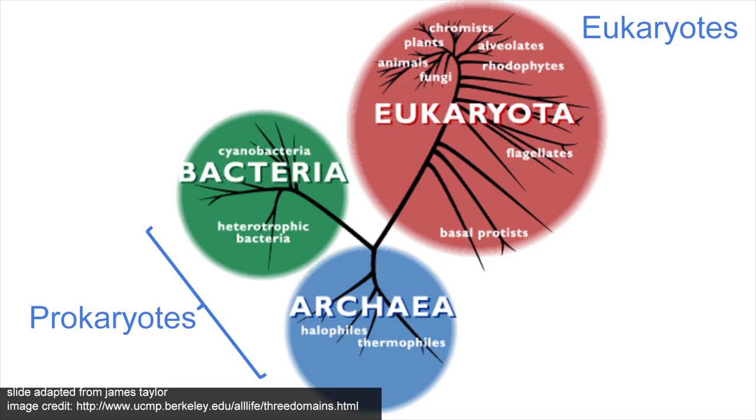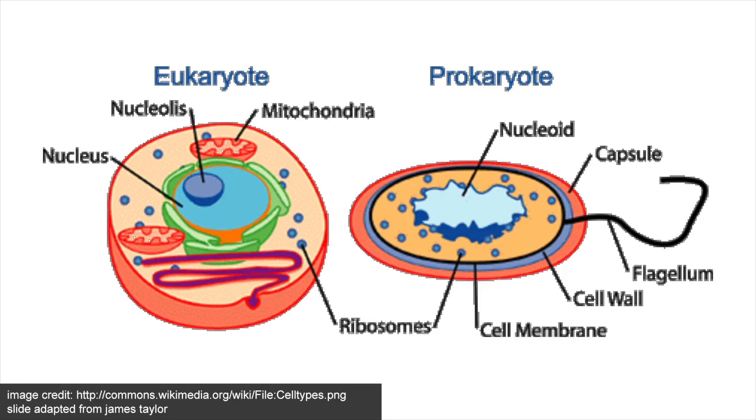The big difference between eukaryotes and prokaryotes is that prokaryotes do not have a cell nucleus, and eukaryotes do. And the cell nucleus evolved a long, long time ago as a way to sequester our DNA from the rest of the cell. So at the cellular level, eukaryotic cells and prokaryotic cells look rather different. The biggest difference is that a eukaryotic cell has a nucleus.